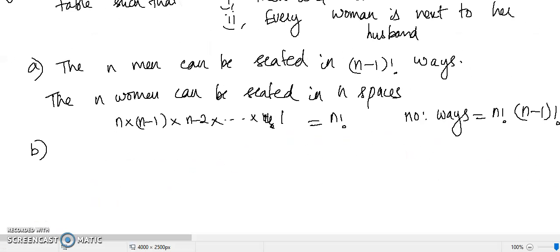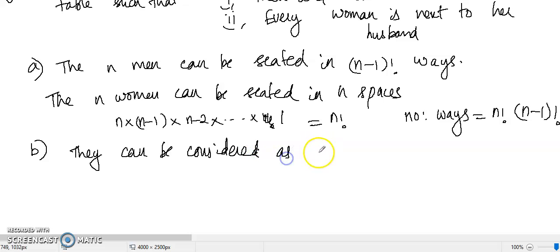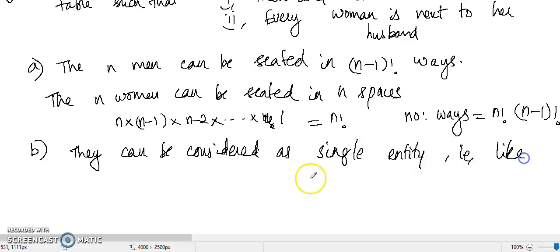And now the second one is every woman is next to her husband. That means every couple is together, so they can be considered as a single entity, that is like n objects.